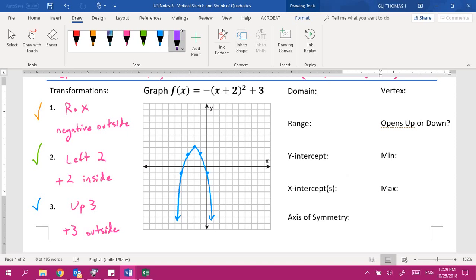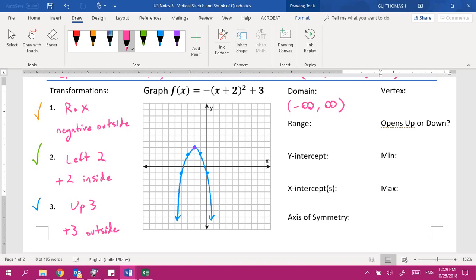All right, so let's really quickly go over the domain and all that stuff. So what is the domain of this graph? Negative infinity to positive infinity, right. The domain on quadratics is always the same because they're always facing up or facing down u's, right?